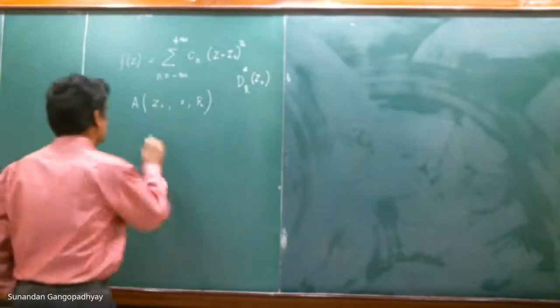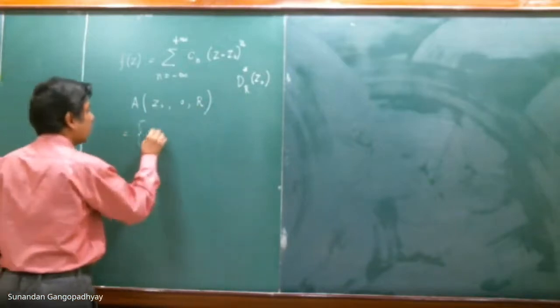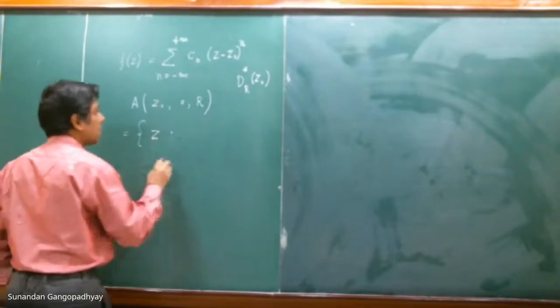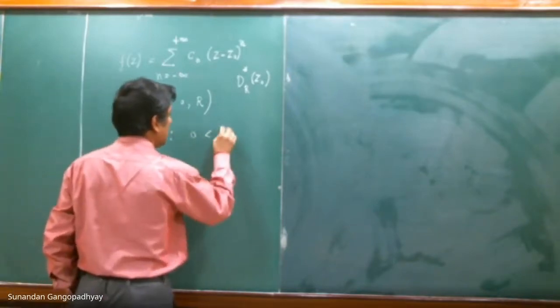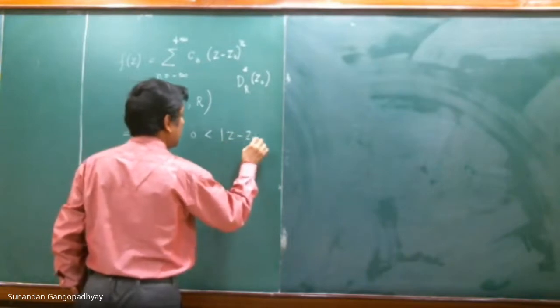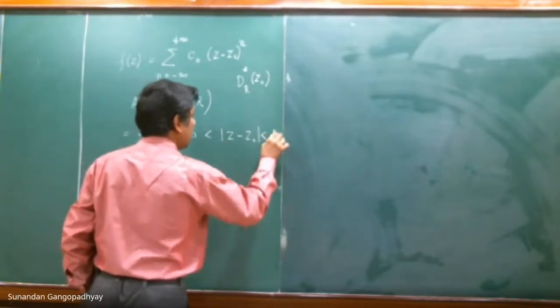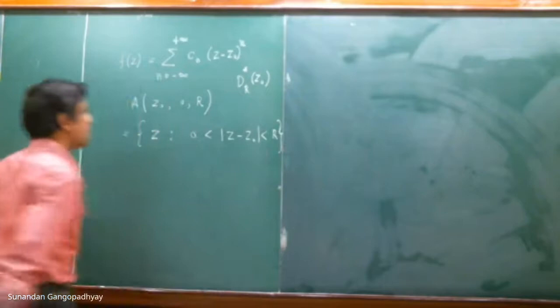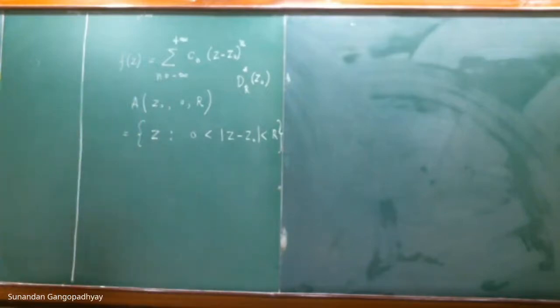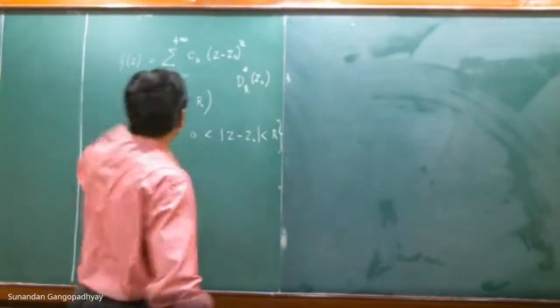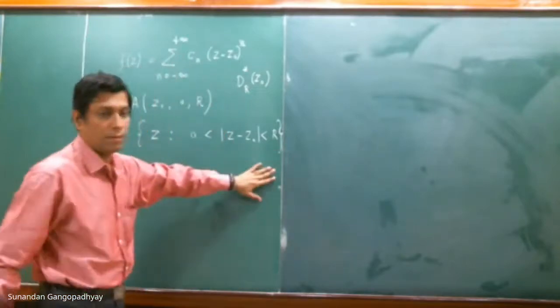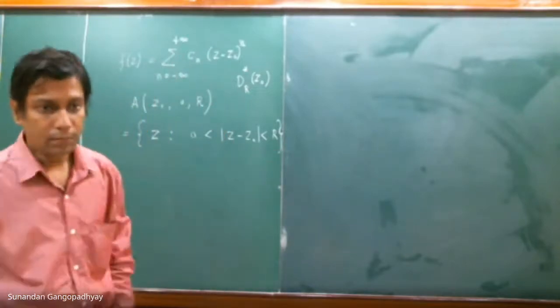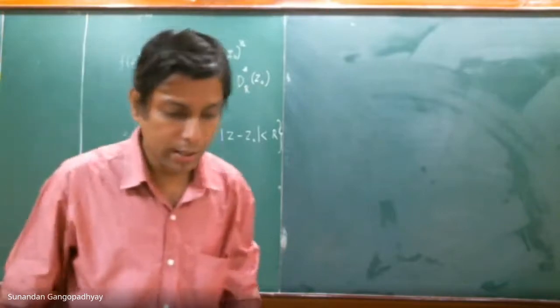So this is the set of all points such that 0 is less than |z minus z0| less than r. So this expansion is valid in this region, and this expansion is called the Laurent series expansion.